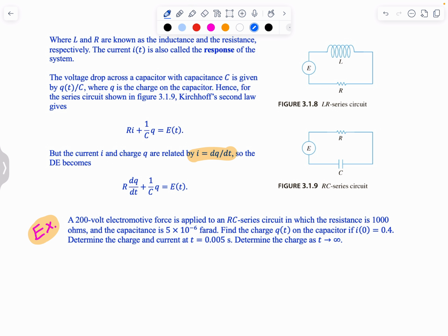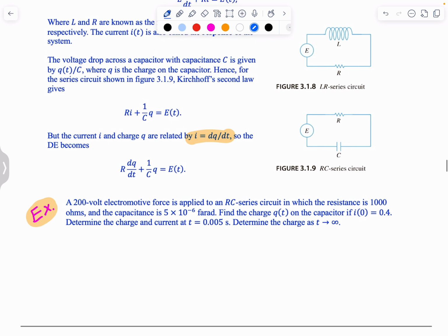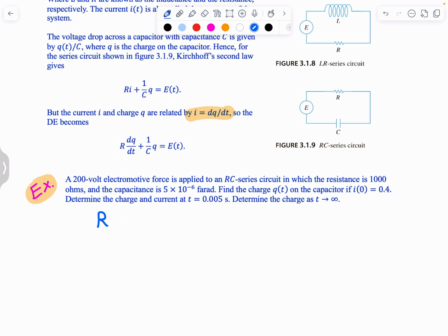So it says RC circuit, series circuit. So that's this equation, and I'm going to write it. R dq dt plus 1 over C times q equals E of t. Okay, and then we have to grab our variables. The resistance, our big R, is 1,000.